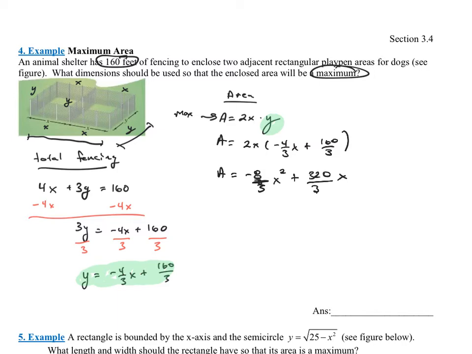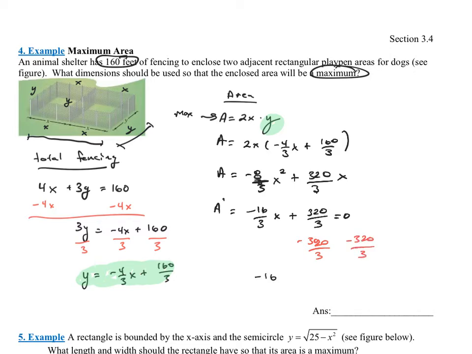That's what I want to maximize, so I need to find its derivative. Its derivative using the power rule, bringing the power down, would be negative 16/3 x plus 320 over 3. I'm going to set this equal to 0 to find its critical values. It's never undefined, so I don't need to worry about that. Subtract 320 over 3 from both sides.